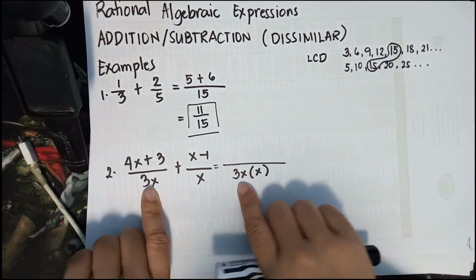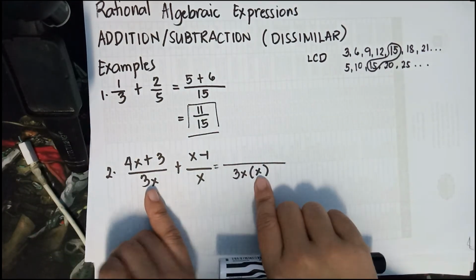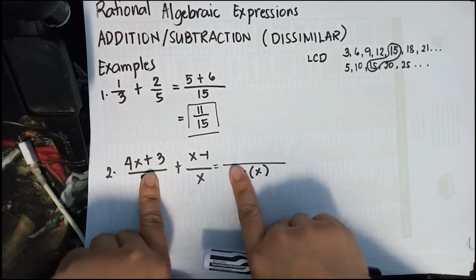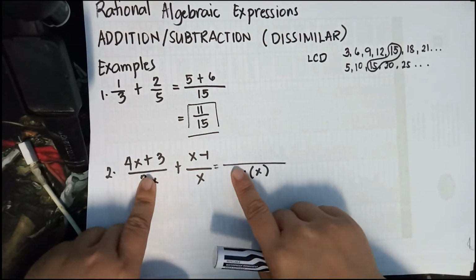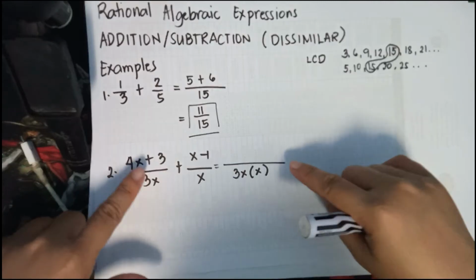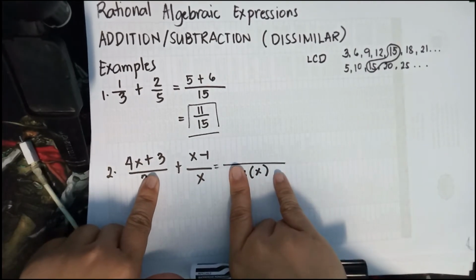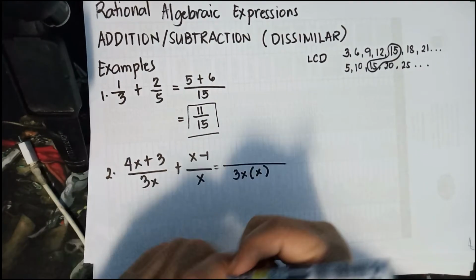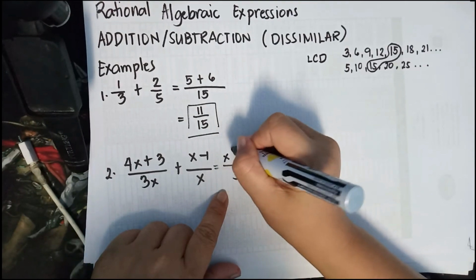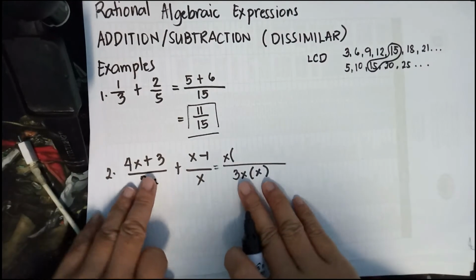We have 3x, 3x, and x. Just eliminate 3x and 3x. And the remaining term is x. Then copy x on your numerator.